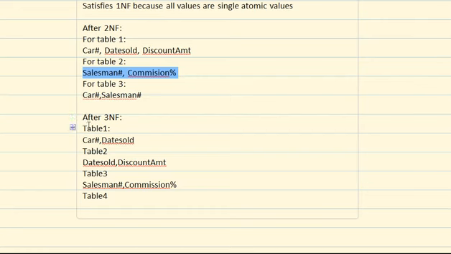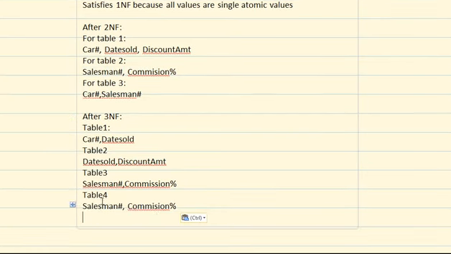Because like I said, we have to somehow relate all these tables together, and this is the only way we can do that. If we want to relate 3 and 4, we can because these two have common values. If we want to relate table 2 and 3, we can do so with the help of this table. If we want to relate table 2 and 1, we can because date sold and date sold are common attributes.